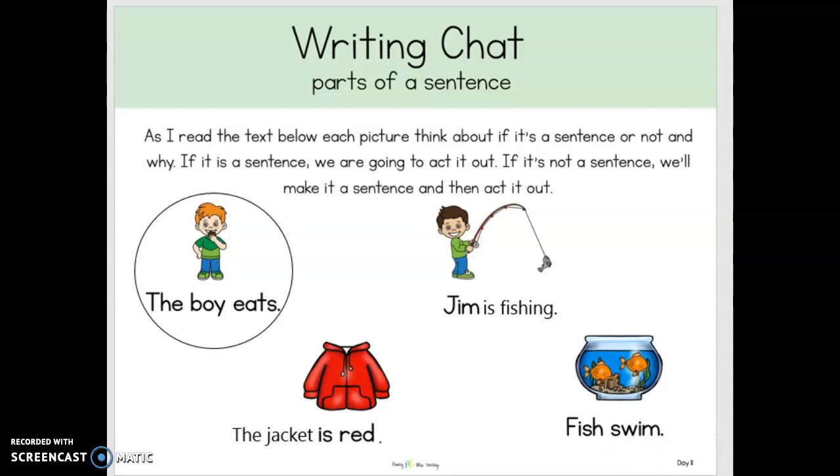The last one over here is fish swim. Now this one's pretty short, but if we think about it, do we have a subject that our sentence is about? Yes, it's about fish. And what are they doing? Well, swim. So fish swim is actually a complete sentence. It has a capital letter and a period at the end.